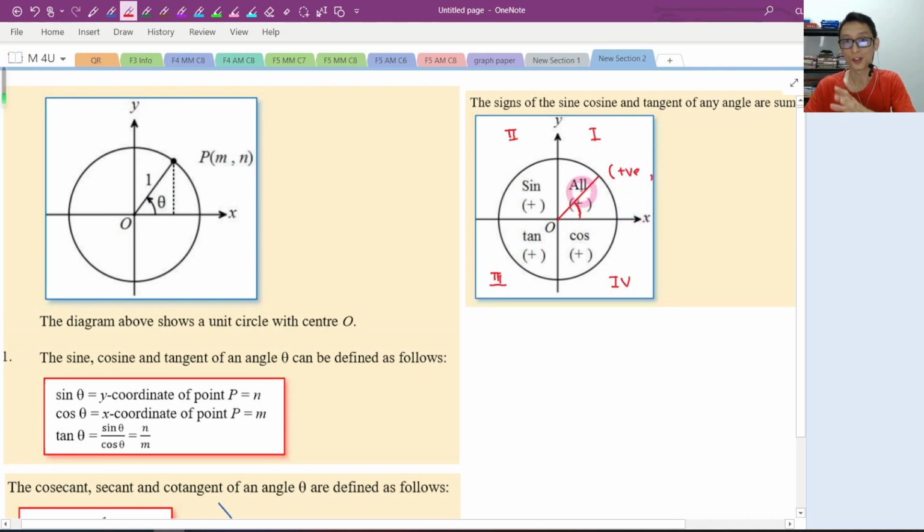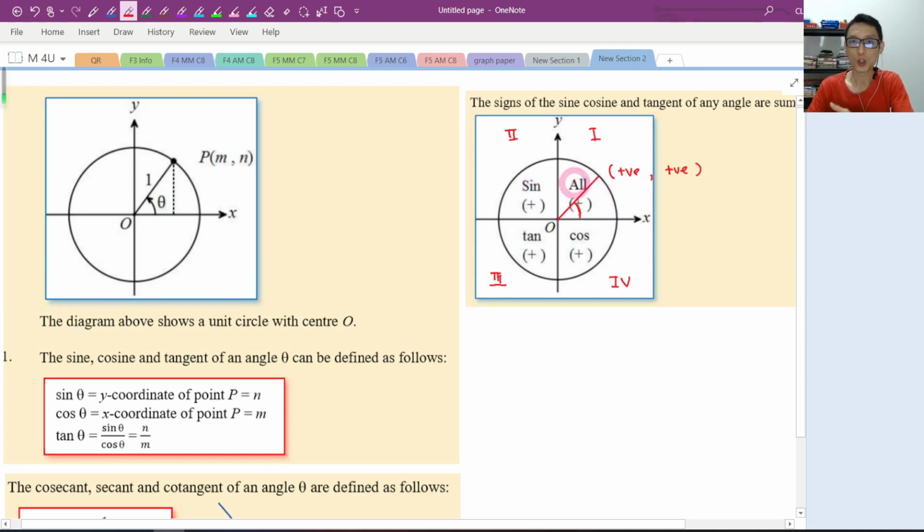In the first quadrant, the x coordinate and y coordinate will be positive, right? Therefore, all will be positive. Sine theta, y coordinate positive. Cosine theta, x coordinate positive. Tangent theta, y coordinate over x coordinate, will also give you a positive value. So remember, in the first quadrant, all positive.